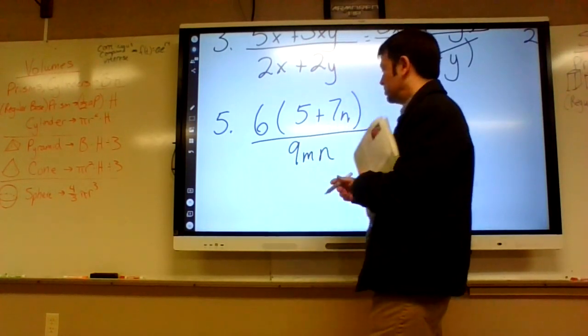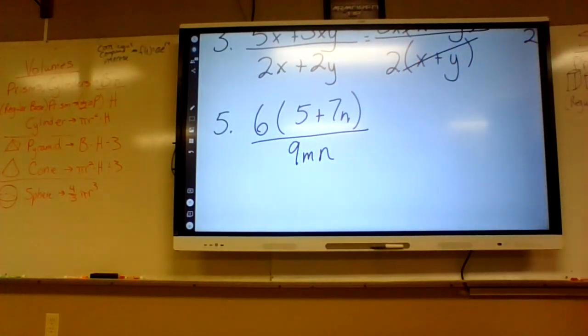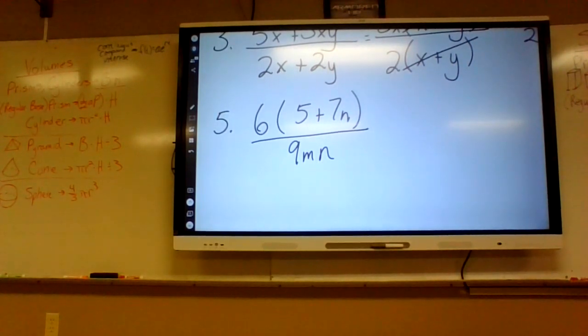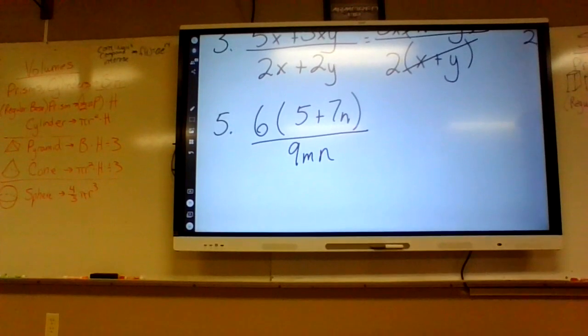Alright, what can I do? Not a lot. There's not a lot I can do here, but there is something I can do. Okay, yeah, the 6 and the 9. This 6 is multiplied, so it is free to be divided by this multiplied 9. So what do 6 and 9 reduce to if I divide them both by 3? 2 over 3.